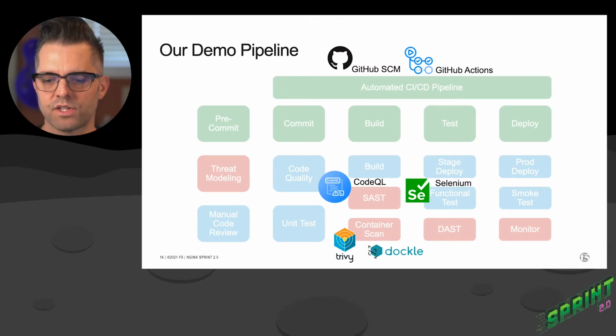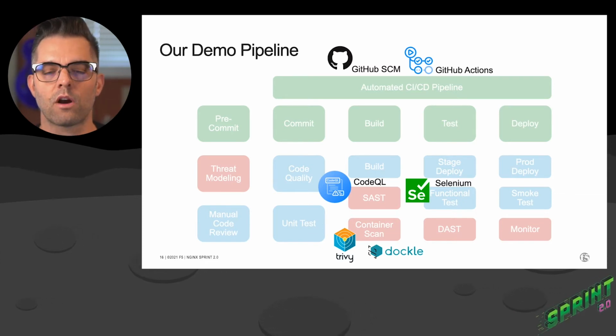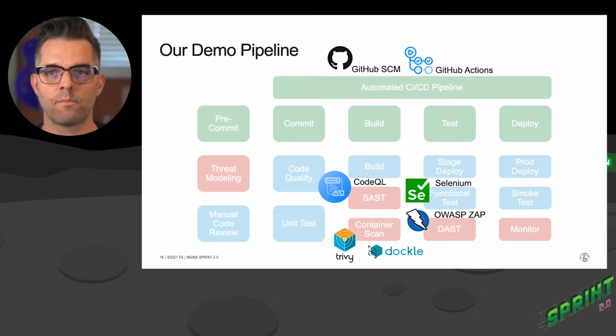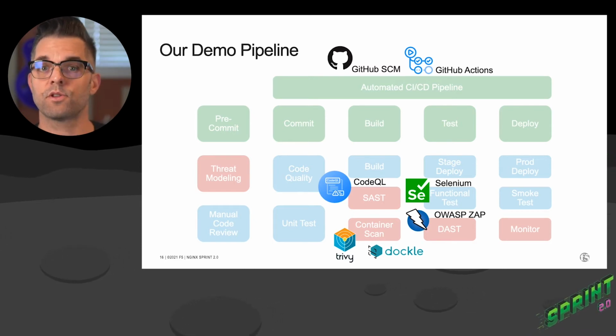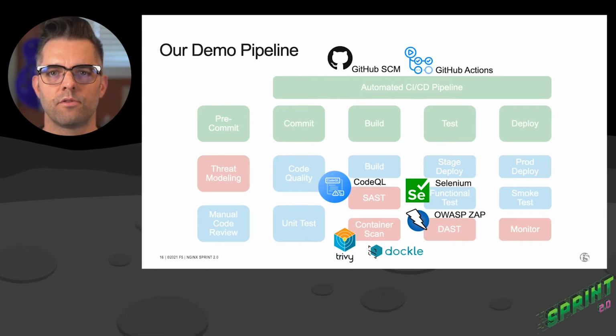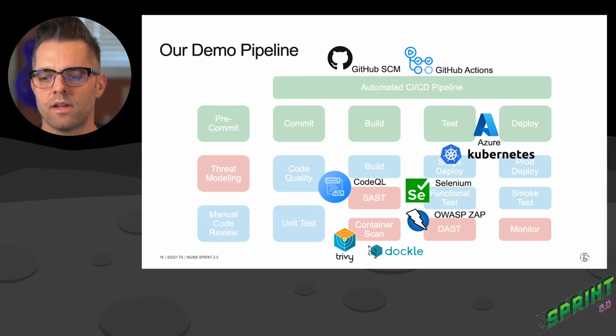But next up we have, as shown on the screen there, Selenium for our automated functional testing. For the DAST function, we're going to use a free real-time active vulnerability scanning tool from the OWASP Foundation. Those are the folks who brought you the ever popular OWASP Top 10 list for application security vulnerability prevention.